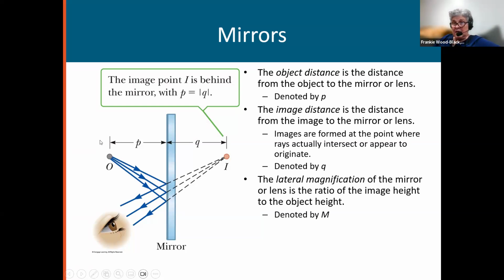We use P to be the distance from the object to my surface, and that will be consistent for dealing with a variety of different things: mirrors, lenses, going from one type of medium to another. But my object to my surface is going to be P.